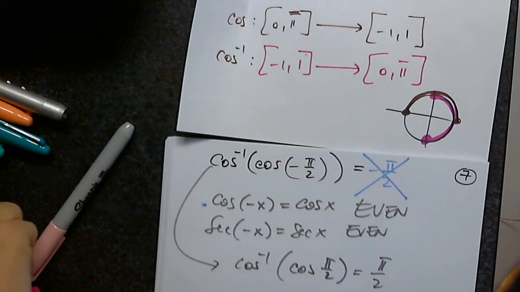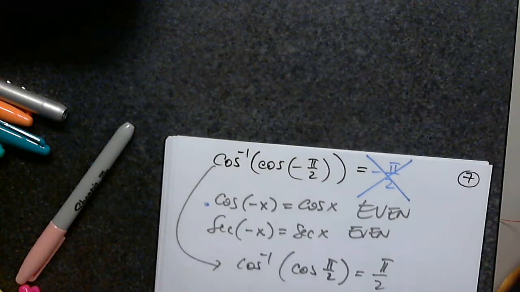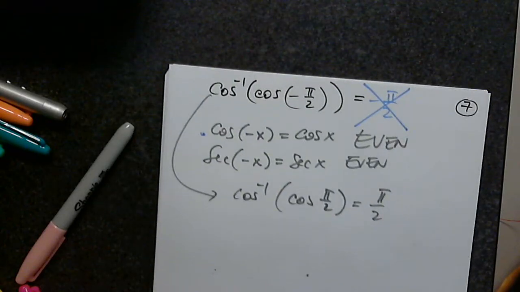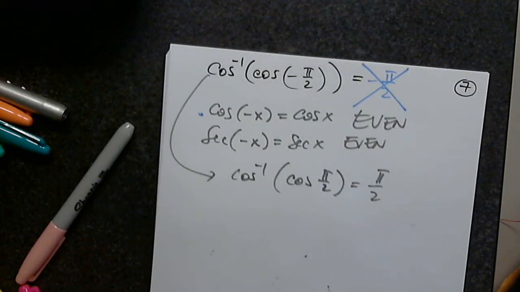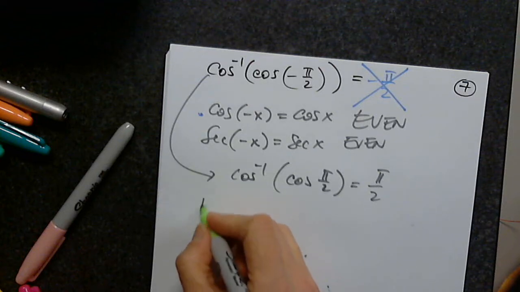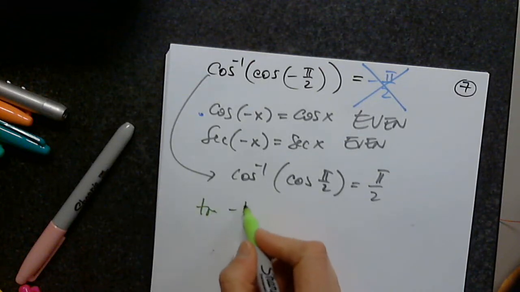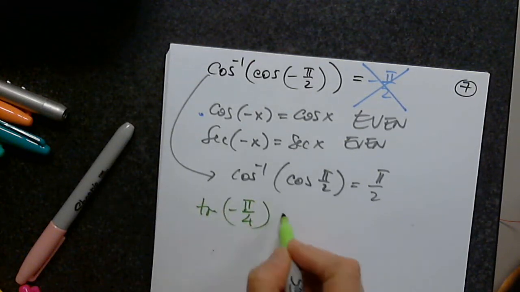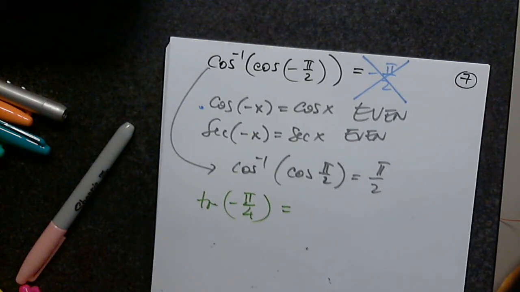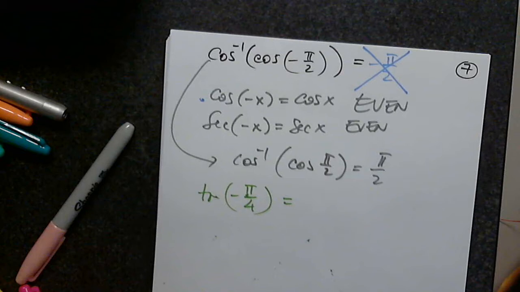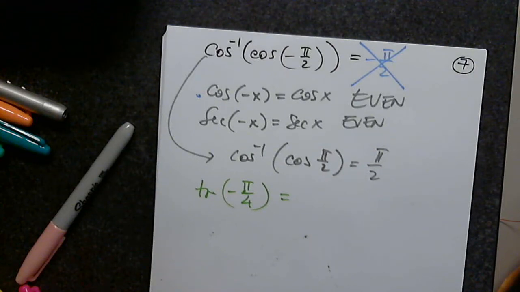So if I'm asked, and this will come up in the next homework or test and so forth, to find tangent of negative pi over 4, what will I have to write first, and not have to go around the unit circle in a different direction?